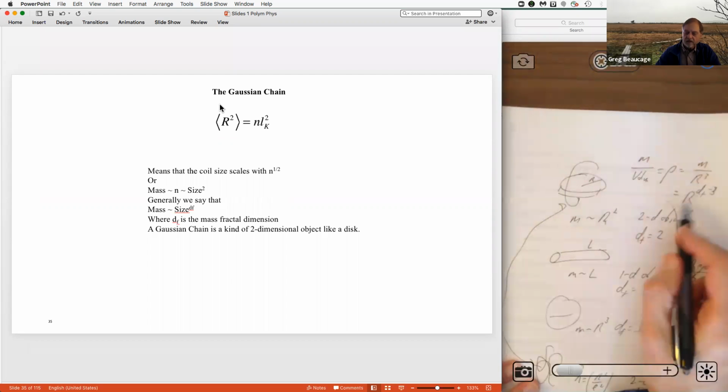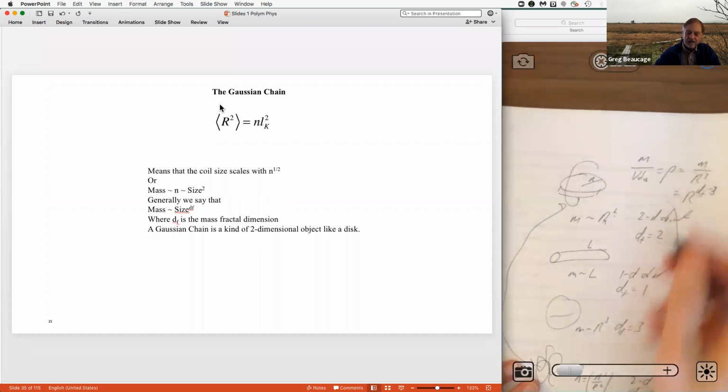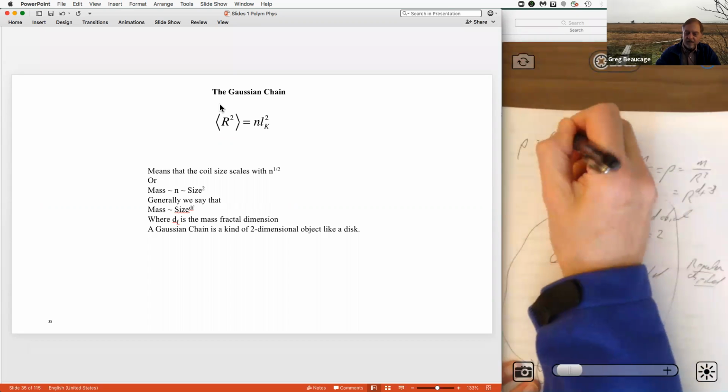Because the mass goes with the size to the df, so if mass goes with r squared, then you divide by r cubed. So that gives you the density of some object as r to the df minus 3.